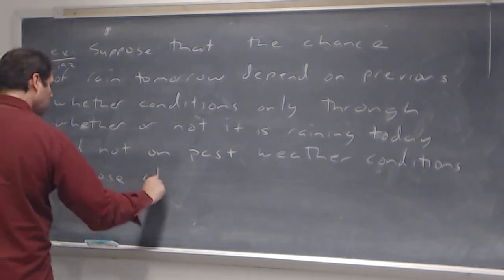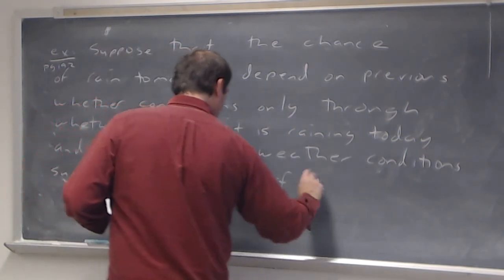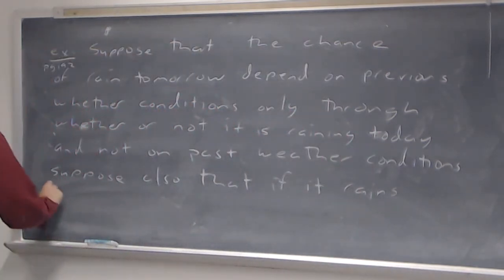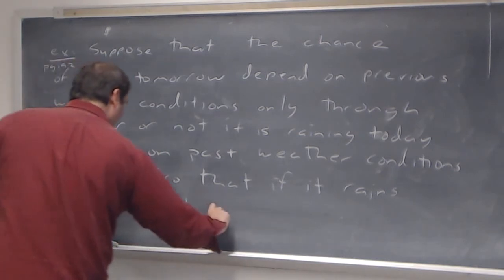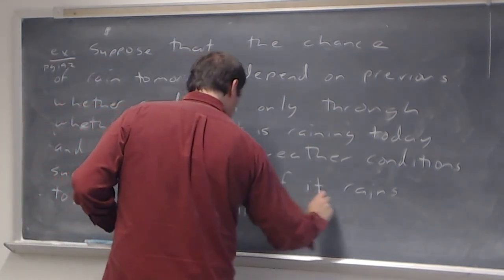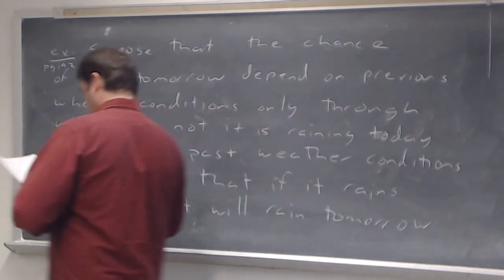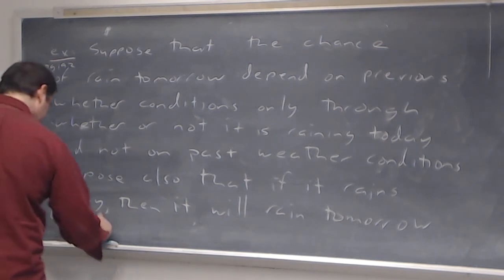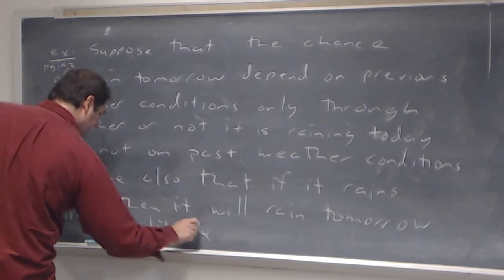Suppose also that if it rains today, then it will rain tomorrow with probability alpha. Okay?